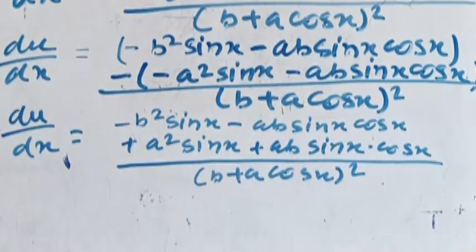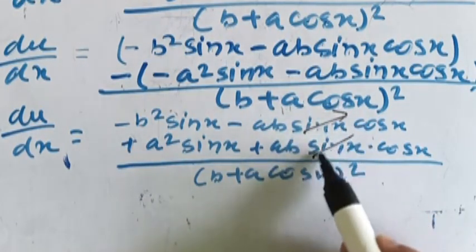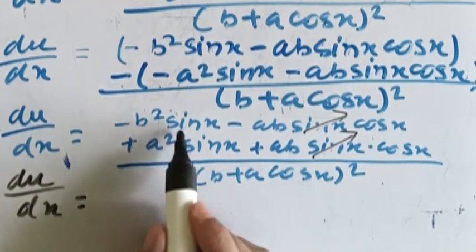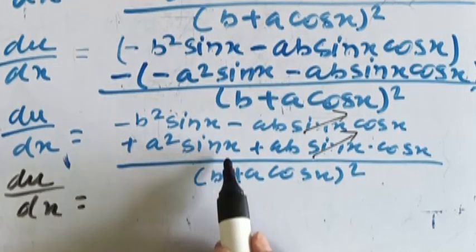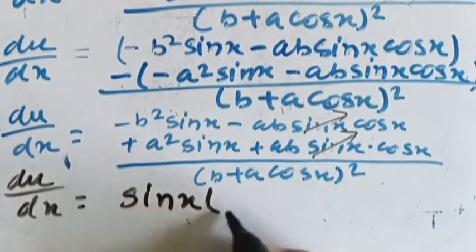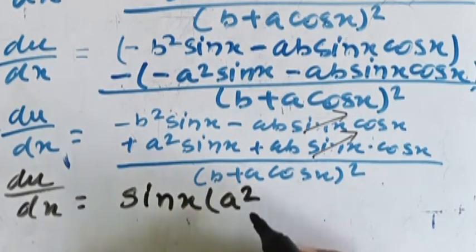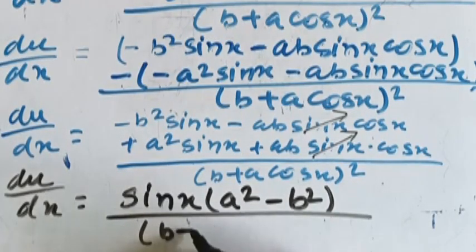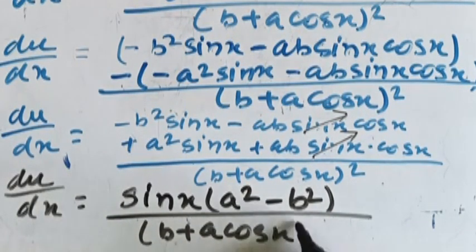Now these two will get cancelled. So what are we left with? We are left with minus b square sin x and plus a square sin x. From these two, you can take sin x as common. So what are you left with now? a square minus b square, correct? Upon b plus a cos x whole square.